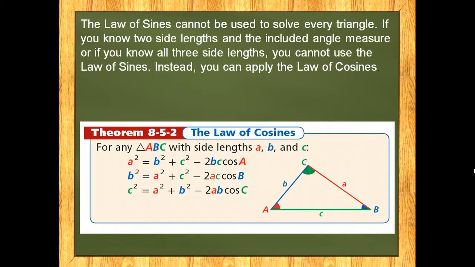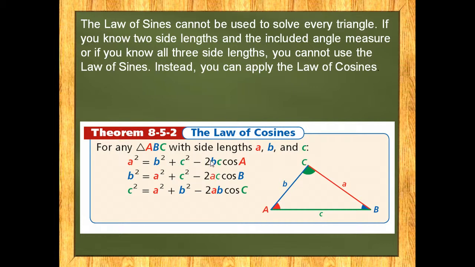If you look closely at all three formulas for finding side lengths and the angle measurements, they all start and end with the same letter. The other two sides that are not the one you're looking for go together kind of like the Pythagorean theorem would.